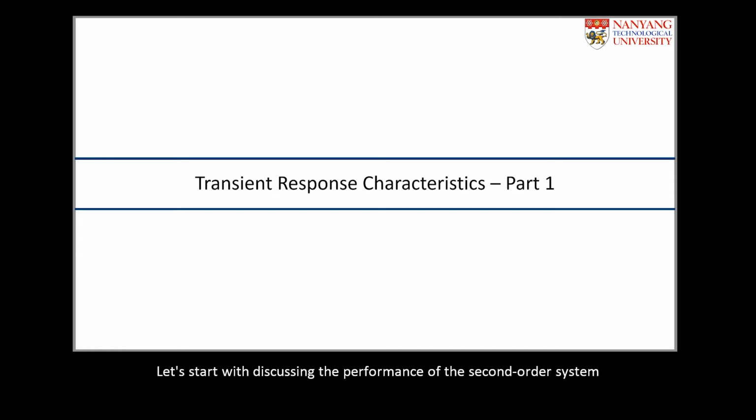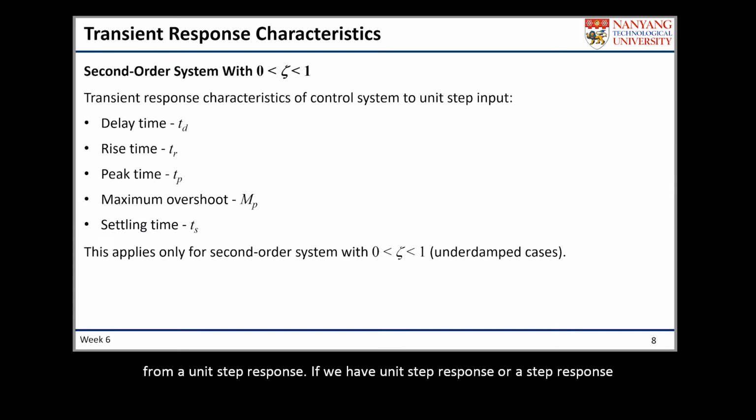Let's start by discussing the performance of the second order system from a unit step response. If we have a step response of a second order system in the underdamped case, there are typically a few measures of the characteristics of the response that you can evaluate from the response itself.